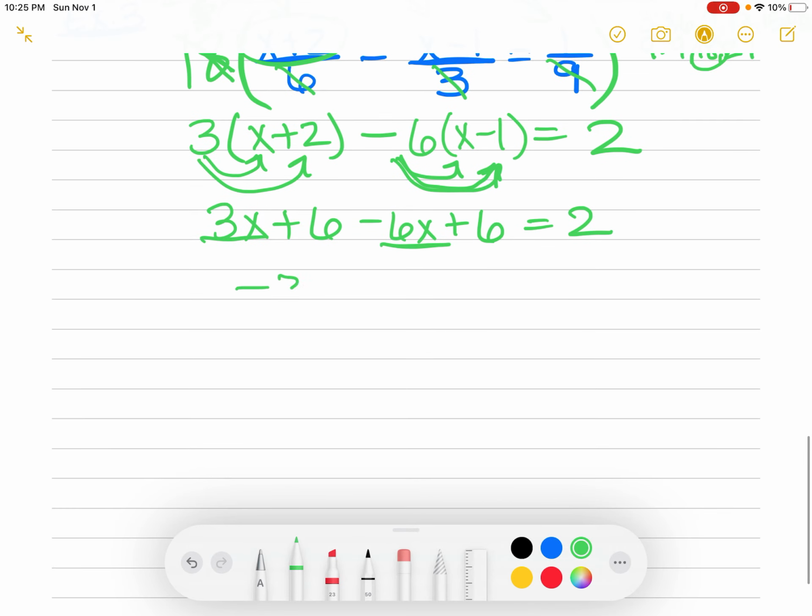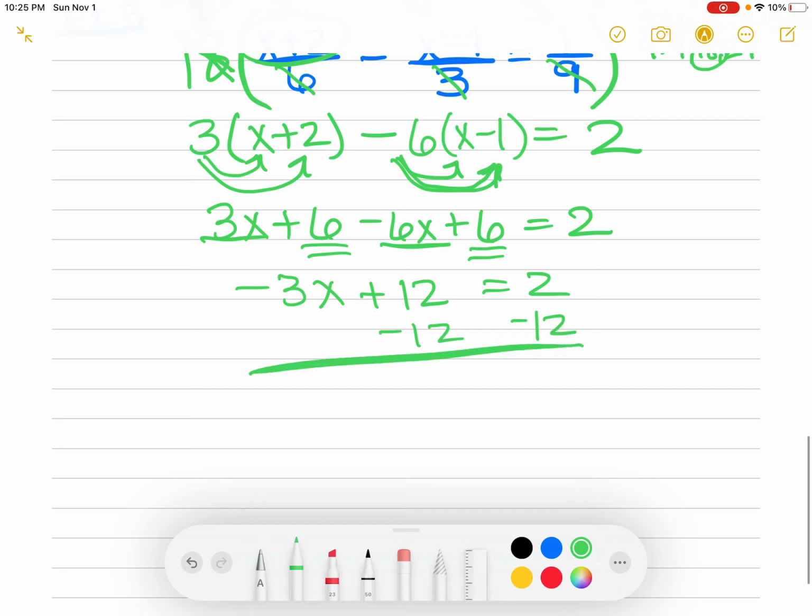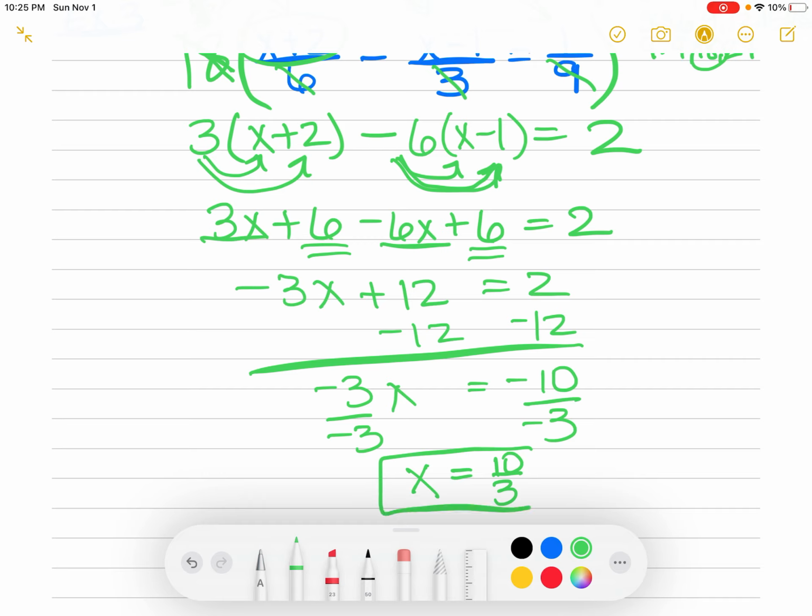So that's going to be negative 3x plus 12, because these are like terms, equals 2. And now I have a regular problem where I'm going to solve it by subtracting 12 from both sides. And then I'm going to divide by negative 3. And I get x equals 10/3, positive 10/3, because it was a negative over a negative.